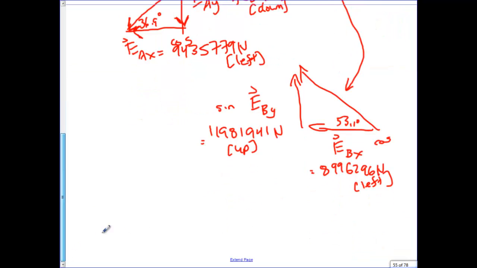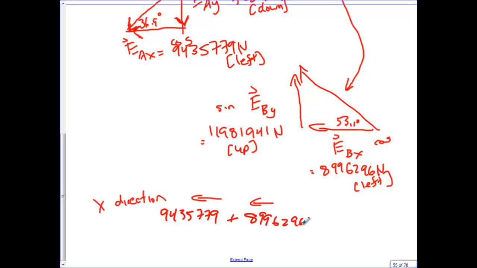So in the X direction, one of them was going this way, and then the other one was going this way. So we're going to want to add them together. So that's going to be 9435779 plus 8996296. Boy, these numbers are stupid.